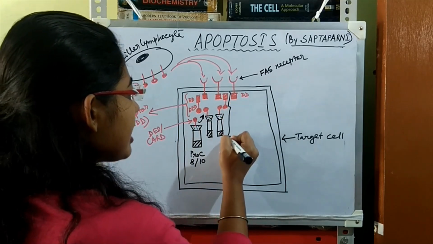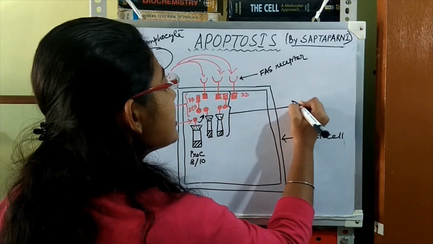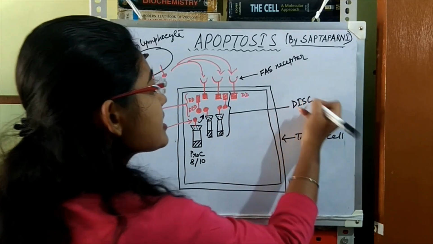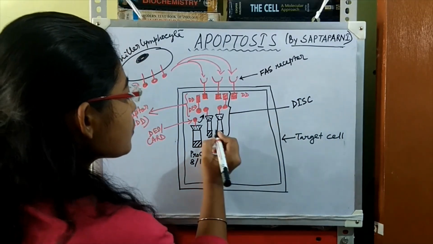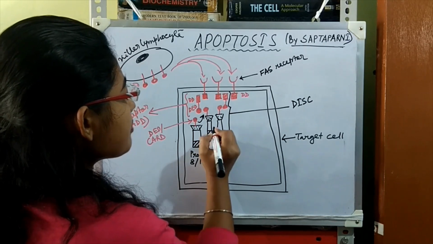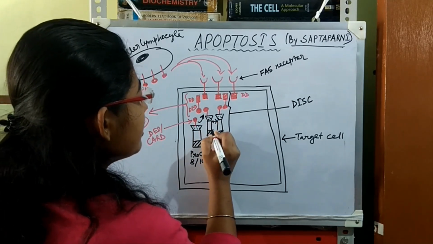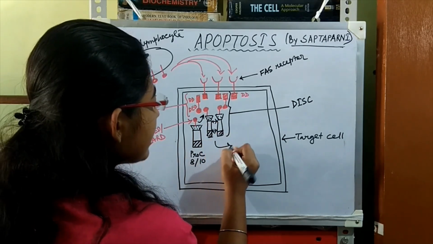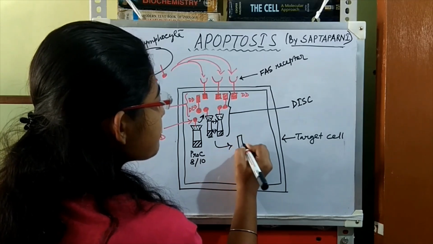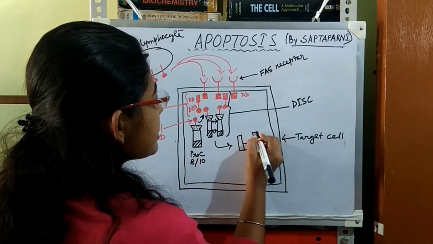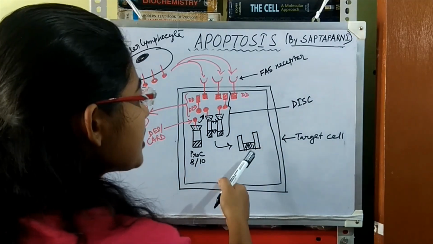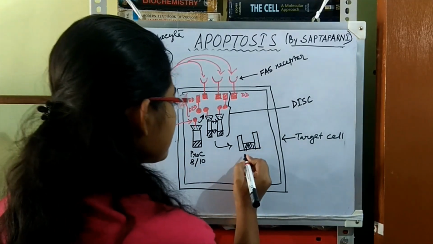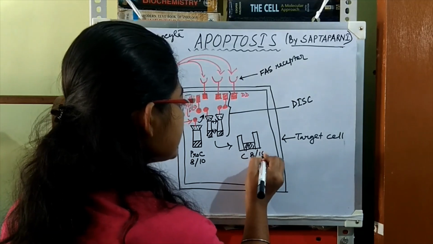This signaling complex is known as DISC. DISC means death inducing signaling complex, okay. So now these two initiator procaspases cleave each other and form the initiator caspase, like this. This is the initiator caspase. It could be initiator caspase 8 or caspase 10. So let's write C8 or C10.